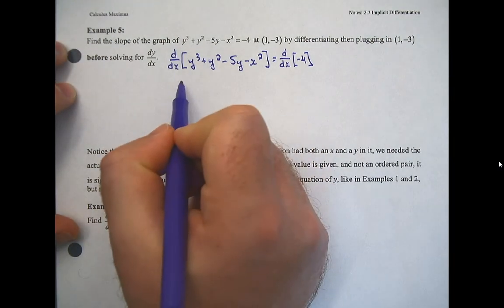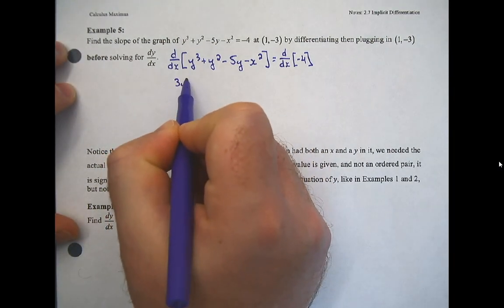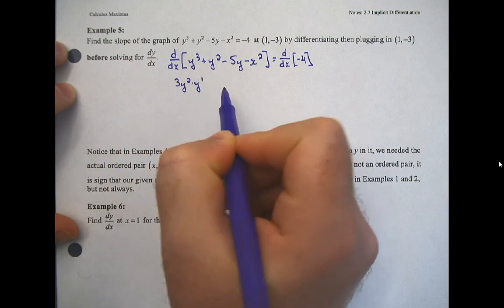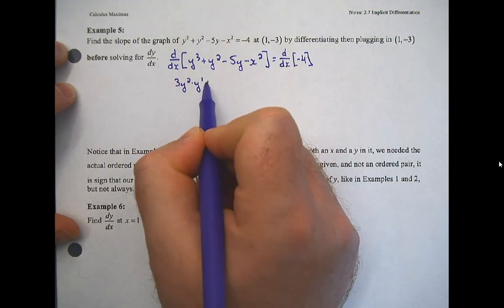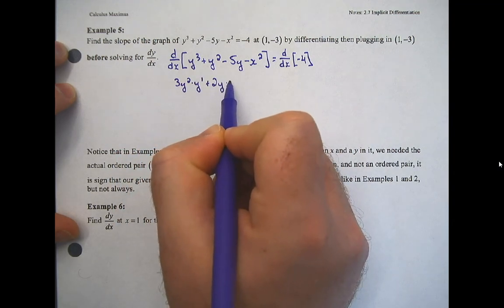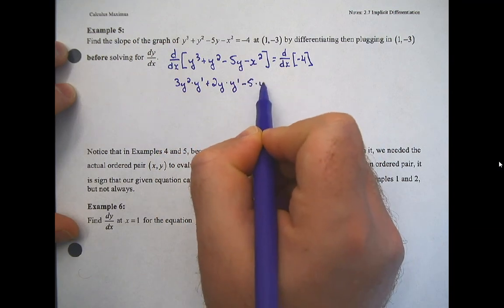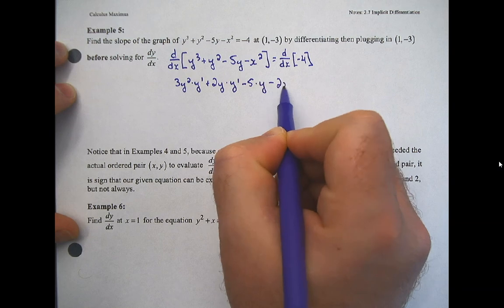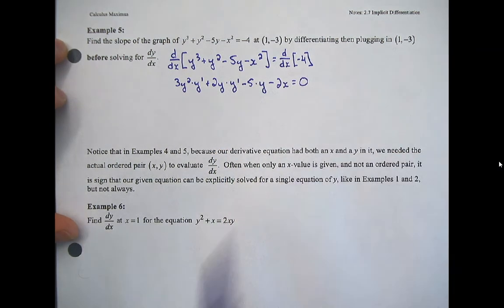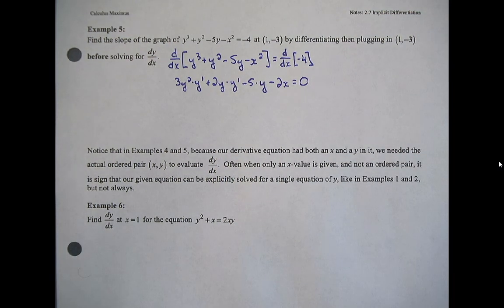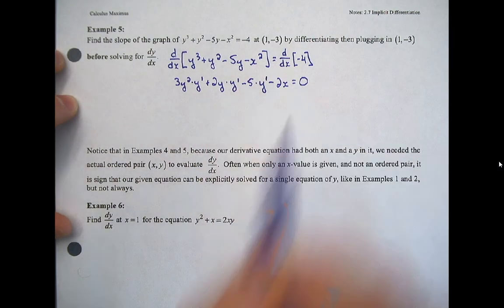So this would be 3y squared y prime, plus 2y times y prime, minus 5 times y prime, minus 2x equals 0. Okay, so last time what we did was algebra from here to try to get y prime by himself. Oops, I forgot a little prime there.